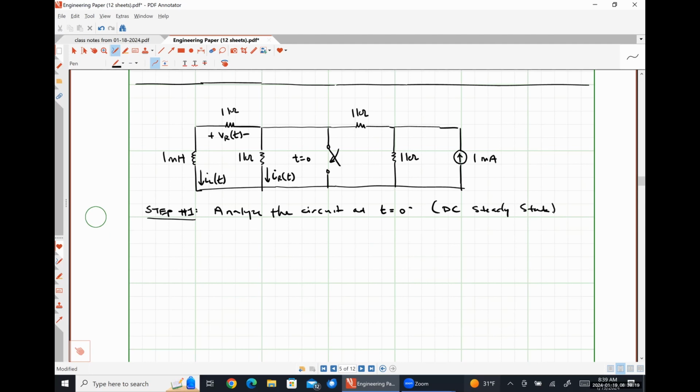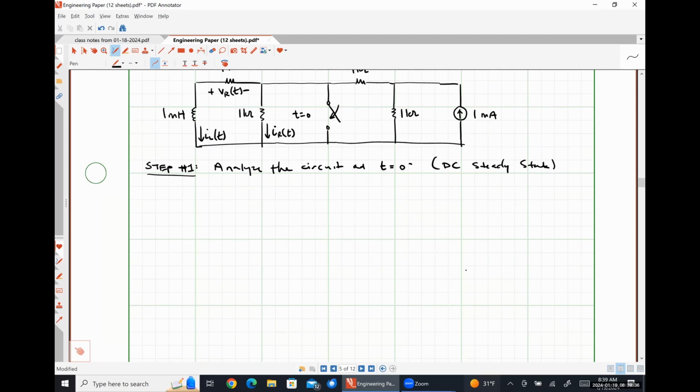This is DC steady state. So we are going to analyze the circuit with the switch open, and the inductor is going to be treated like a short circuit. Okay. So at t is equal to 0 minus, our circuit is going to look like this. So here is the short circuit representing my inductor.